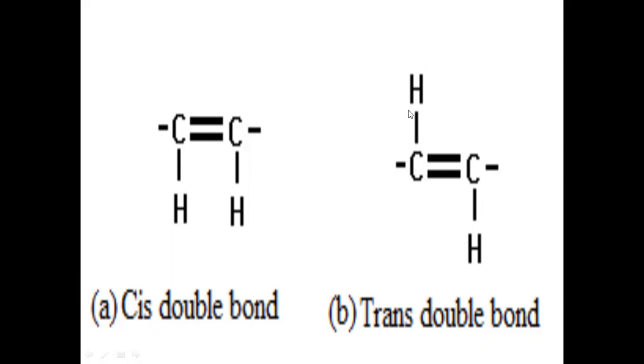So we have this hydrogen atom up there, and we have this hydrogen atom down here. In the cis double bond, all the hydrogen atoms are down here. So this is a cis double bond, this is a trans double bond. Most of the natural unsaturated fatty acids will have a double bond with a cis configuration. So they're going to have this configuration.